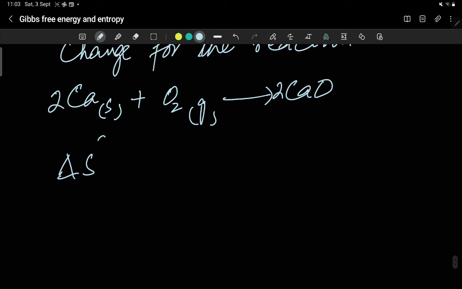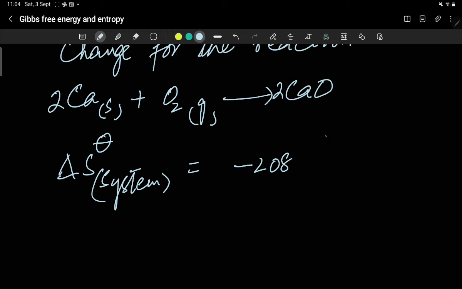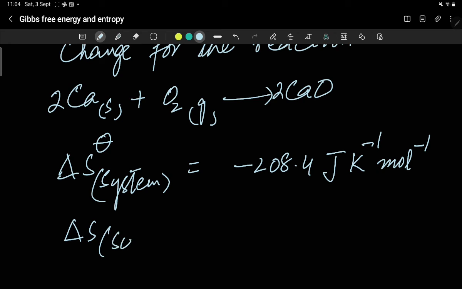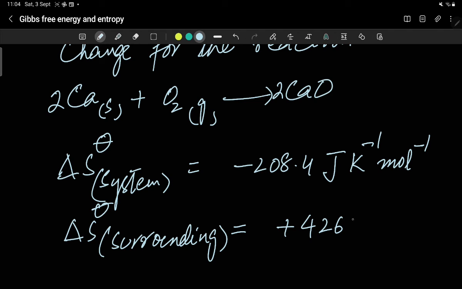If delta S system is provided in joule Kelvin inverse mole inverse, and delta S surrounding is also provided, equal to plus 4262.4 joule Kelvin inverse mole inverse.